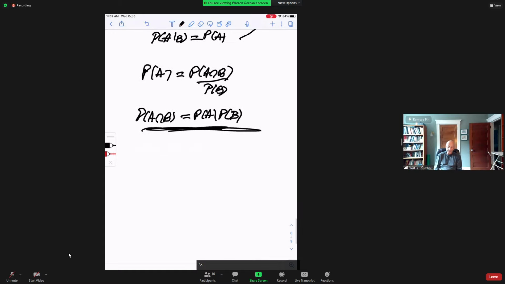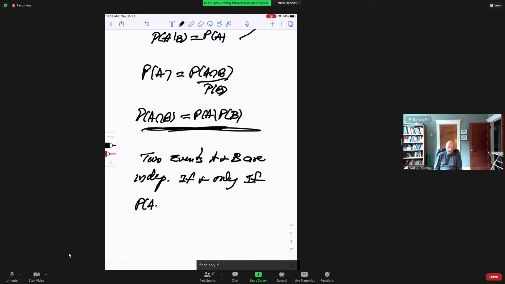So let me summarize this. Two events, A and B, are independent if and only if the probability of the intersection is equal to the probability of A times the probability of B. Notice some of you tried to use this fact on example 2 on the exam, question 2 on the exam.